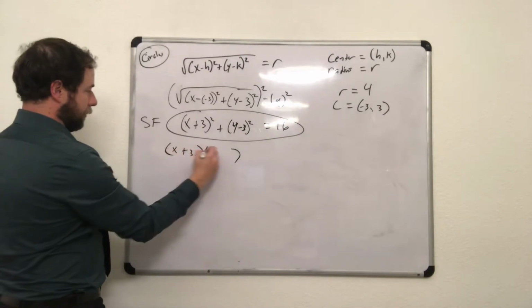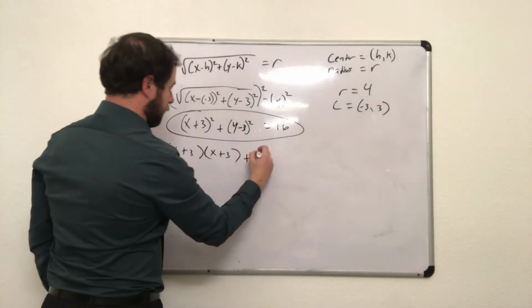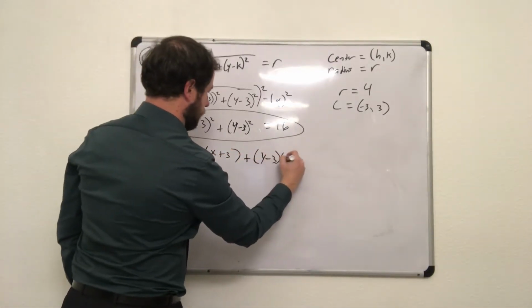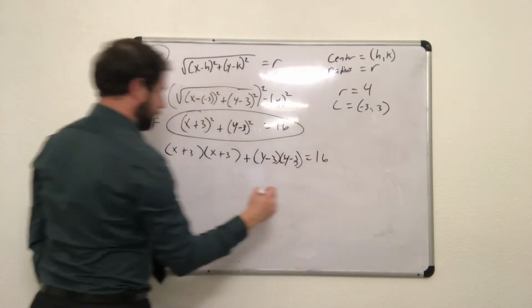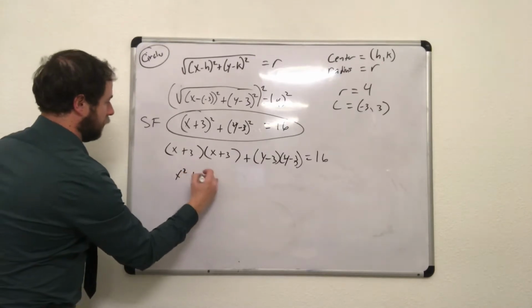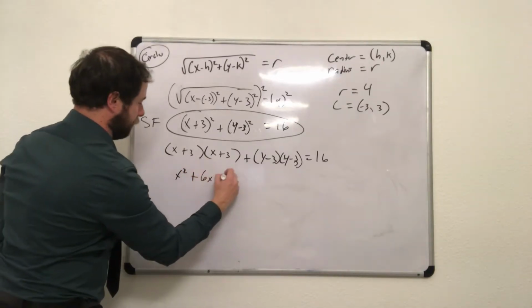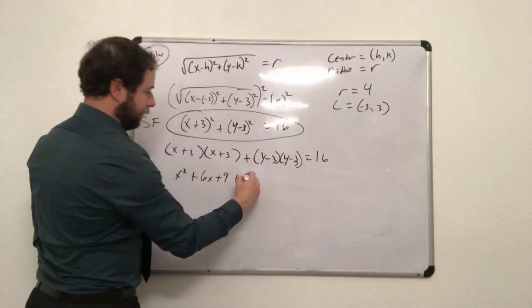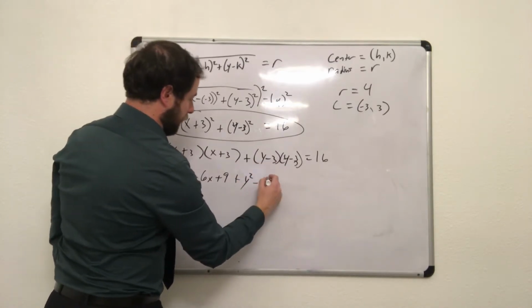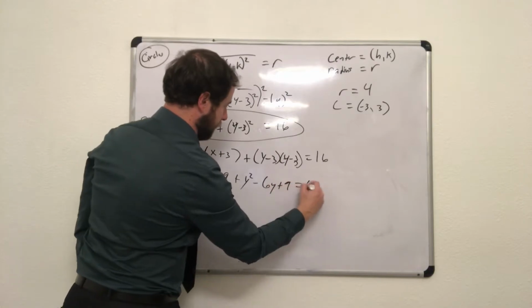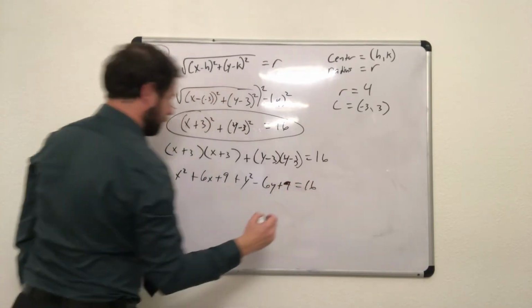So we have (x plus 3)(x plus 3) plus (y minus 3)(y minus 3) equals 16. So we get x squared plus 3x, and 3x is 6x, plus 9, plus y squared, -3y, -3y is -6y, plus 9 equals 16.